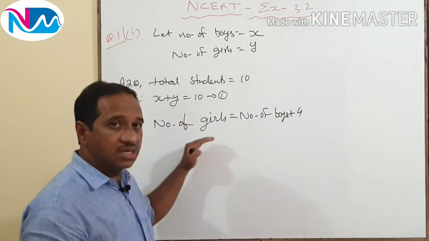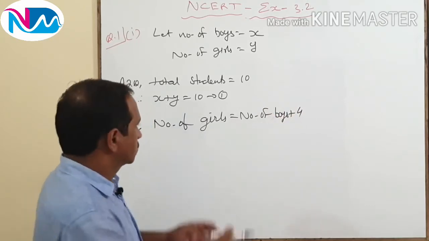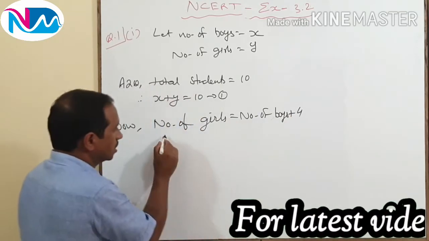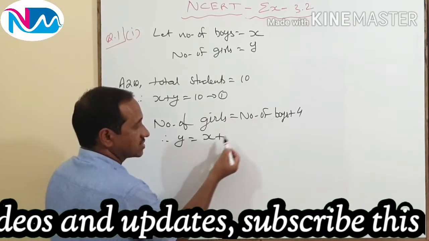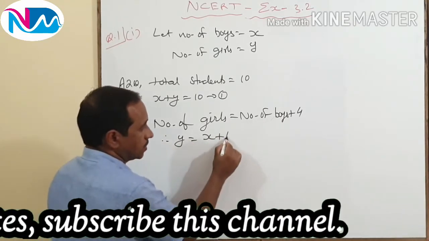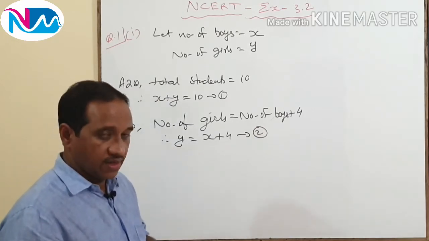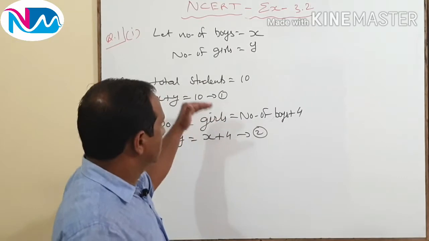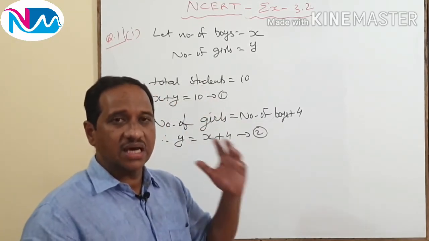The number of girls is 4 more than the number of boys. So, number of girls is equal to number of boys plus 4. Therefore, we can say that y is equal to x, the number of boys, plus 4, which is equation number 2.